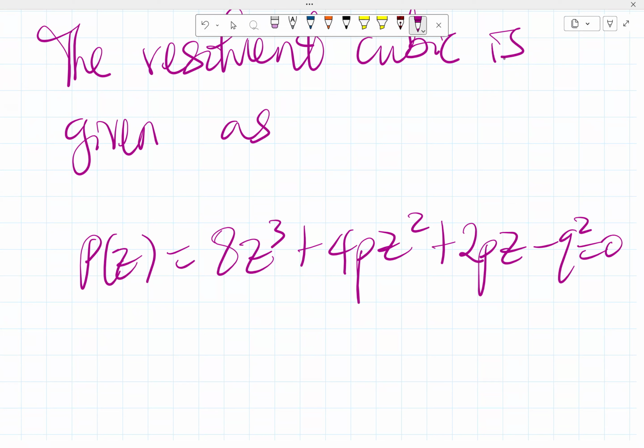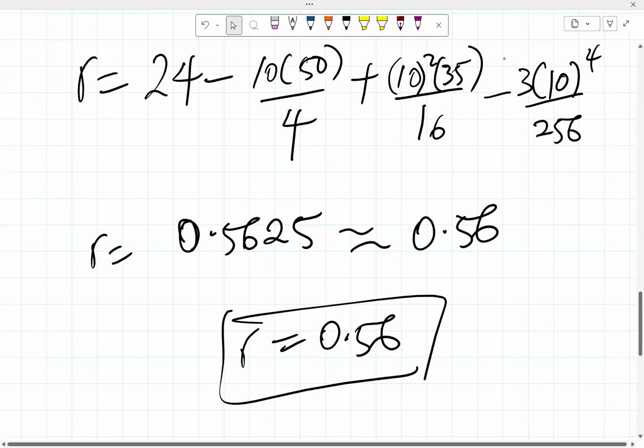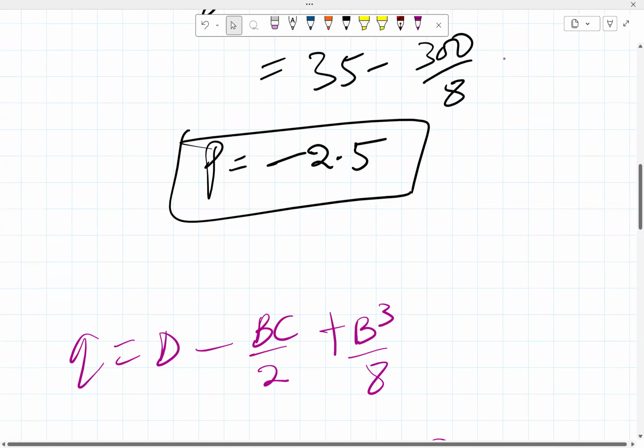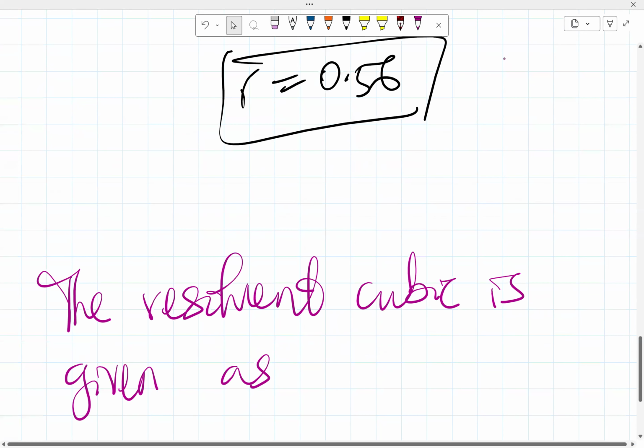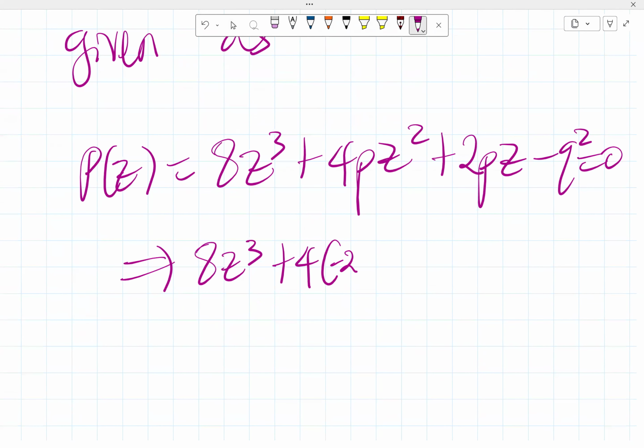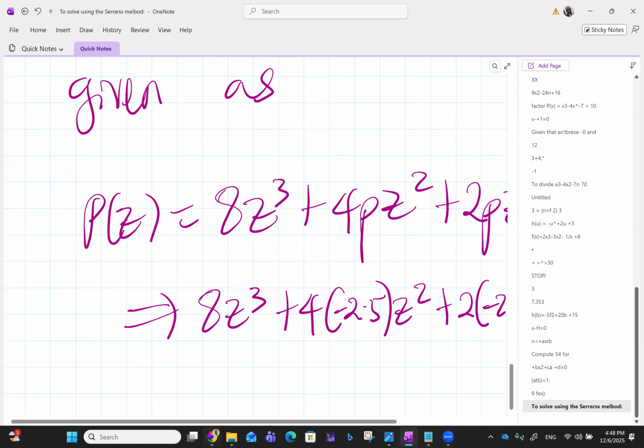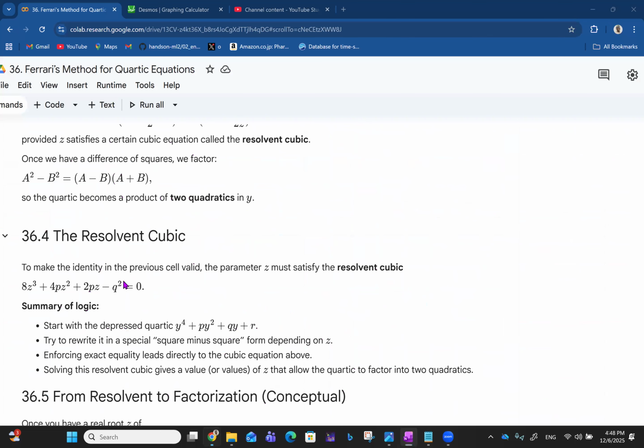Okay, so this implies that we have 8z cubed plus 4. What is our p now? Our p is minus 2.5. P is minus 2.5 z squared plus 2 again, that's minus 2.5 z. Is it just 2pz or 2pqz? Let me see. Yeah, it's 2pz.